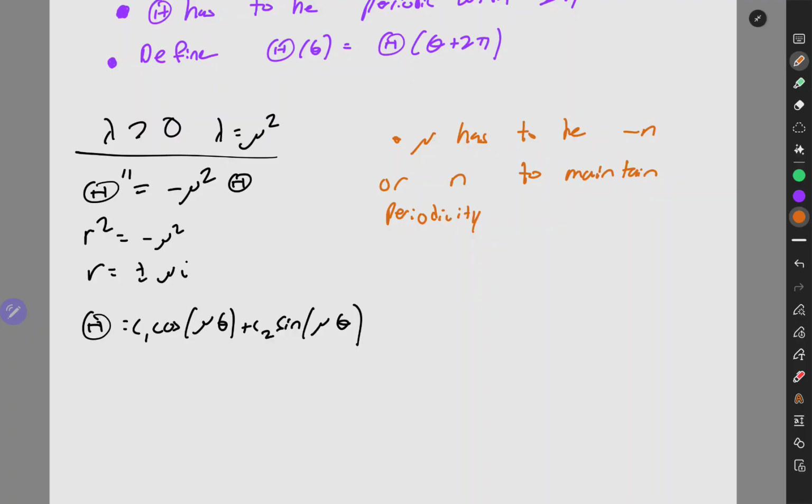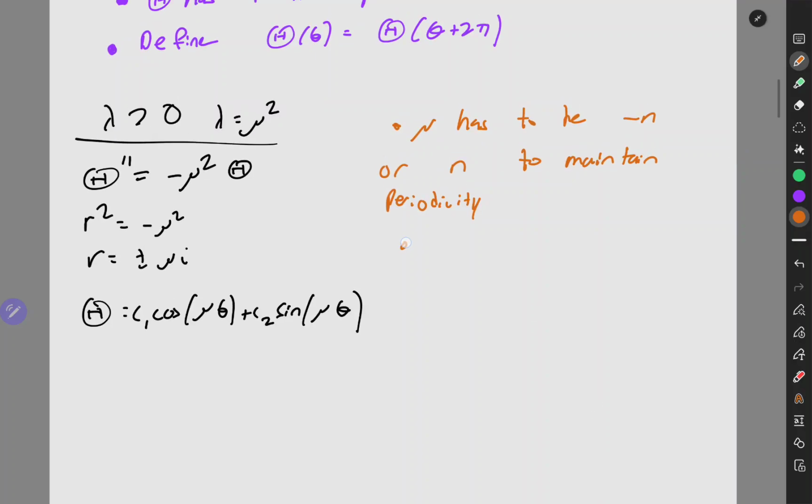But looking at this problem, we know that lambda has to be a positive mu squared. So no matter what we make mu, it's always going to be positive. Lambda is equal to mu squared.